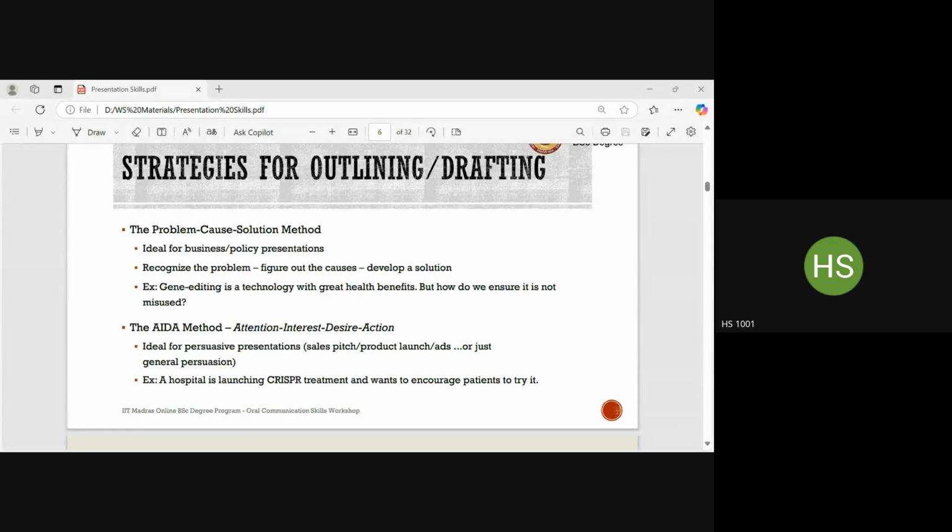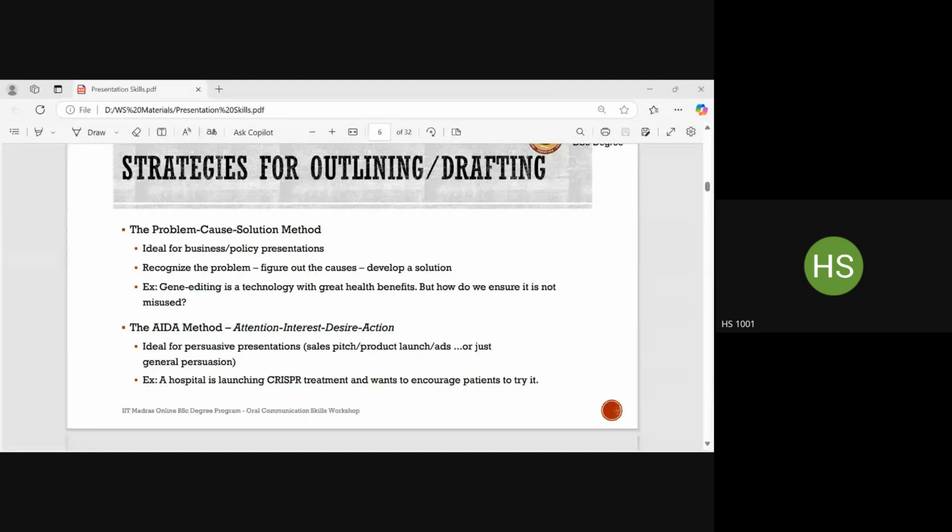This desire is what prompts the customer or the consumer to act. What is the action here? The action here is purchasing, investing in your product. So you're getting them to behave in a certain manner, but in a very subtle manner.